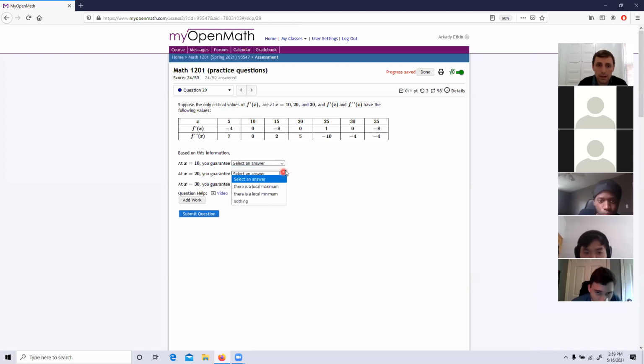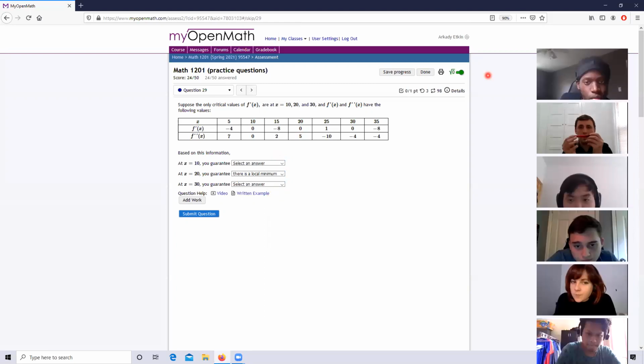Do you see why? The first derivative is 0, so we're standing at some level point. Our line is like this. And the second derivative is positive 5, which means if I move to the right, I will be tempted to move up, which means I'm at a local minimum. You agree? So it's a local minimum at 20.